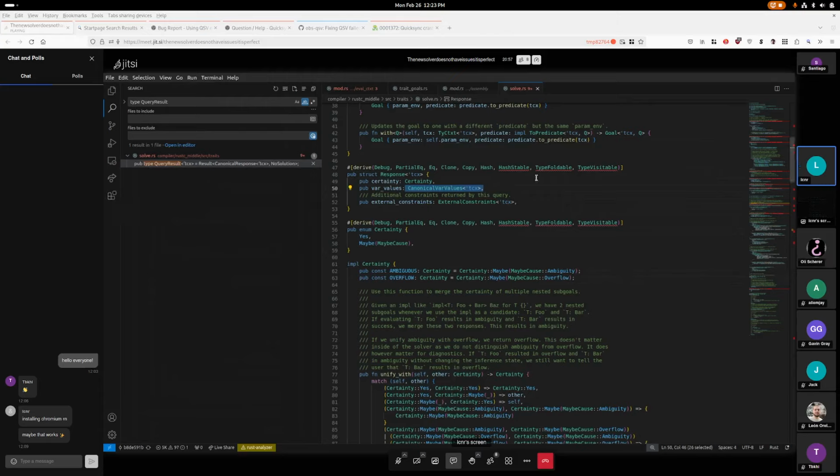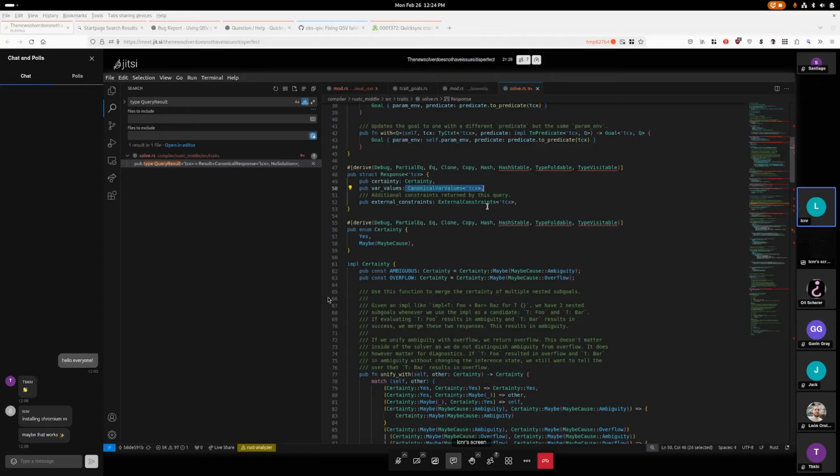So in contrast to the old solver, instead of just constraining the inference variables in the inference context and then in the end figuring out that information and passing it out of the query, we always figure out when we are binding an inference variable to a concrete type and store that information.